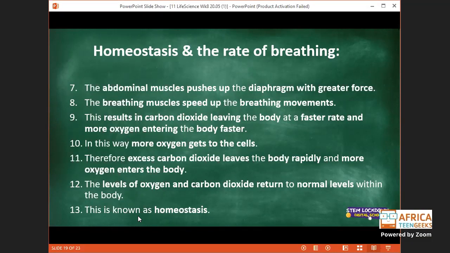Are we all following? Do we all understand homeostasis of breathing? Do we all understand how the depth of breathing is affected and how the rate of breathing is also affected? Ooh, go slower. Is there something that I need to explain again? I'm only seeing the go slower part now. Do I need to go back to something?